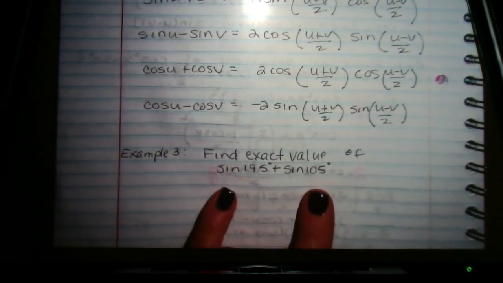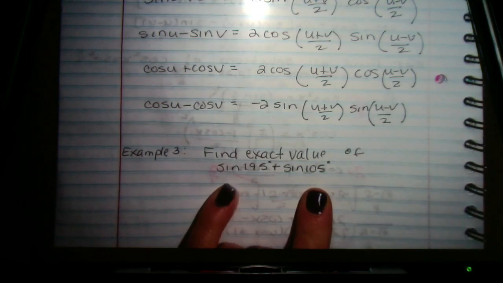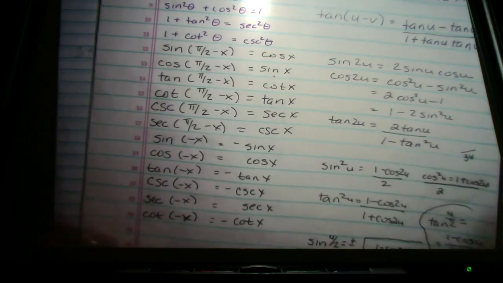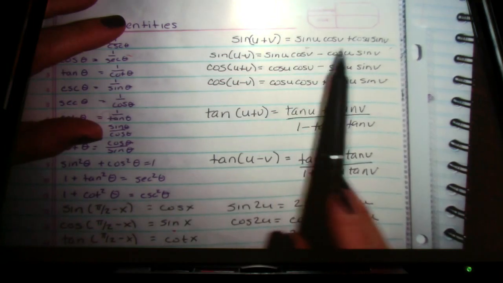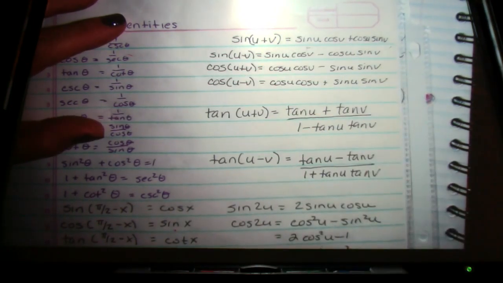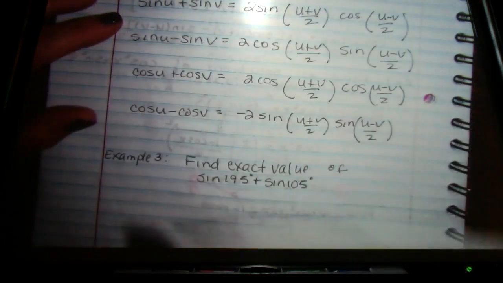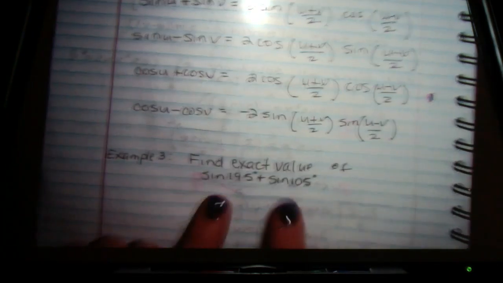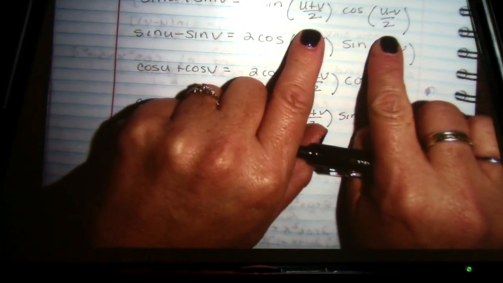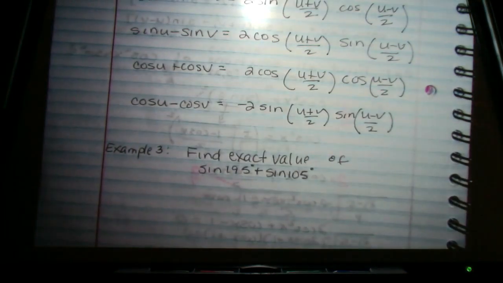We could split, but neither of these are on the unit circle. So we could go back and use our formulas up here, but that looks like a pain and that's gonna be really long. So let's see if I could take a sum and write it as a product, and then this will be on my unit circle.